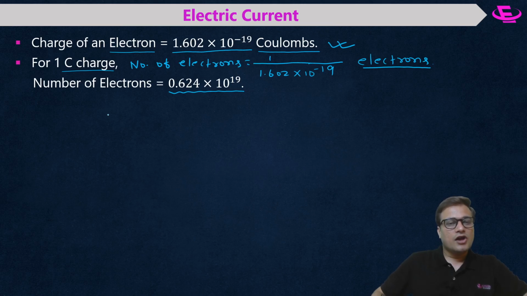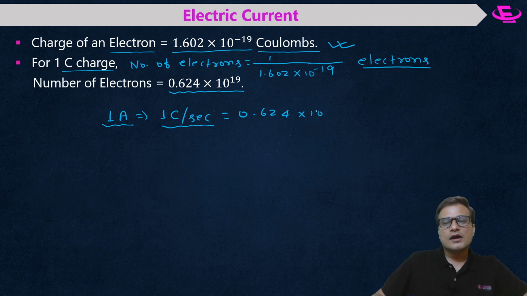Clear? Now if somebody asks you what is the actual meaning of 1 ampere current, what can you say? 1 ampere current means 1 coulomb per second. That means 0.624 into 10 to the power 19 electrons pass in 1 second.